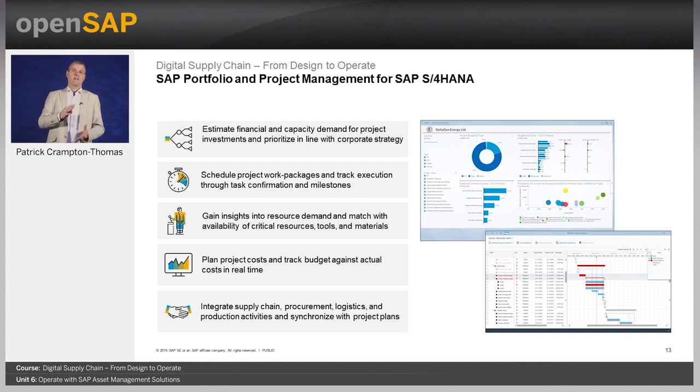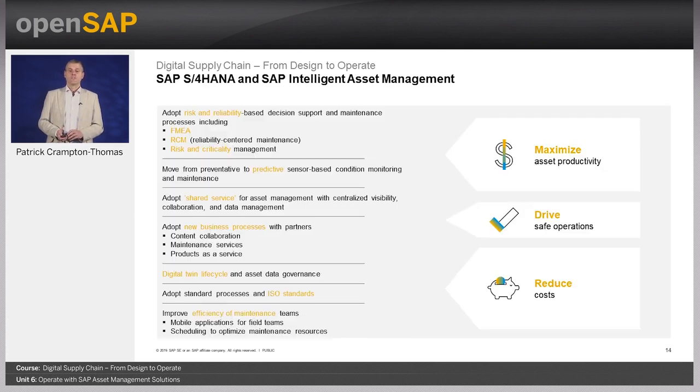I can constrain that based on my budgets and also my resources in terms of people, engineers, etc., to then really prioritize which investments are the most strategic and most impactful and bring the best return on investment. And this is the role of portfolio and project management, which is widely used in SAP's customer base in asset-intensive industries.